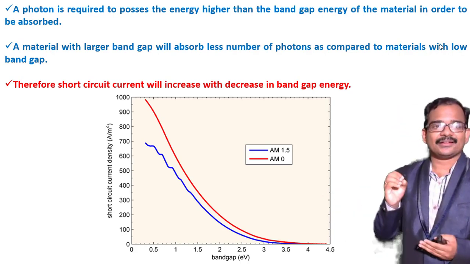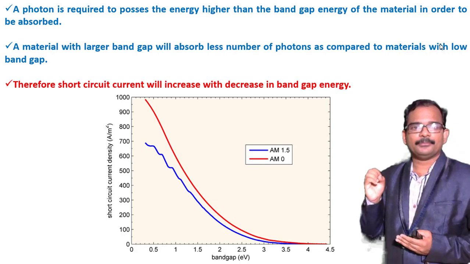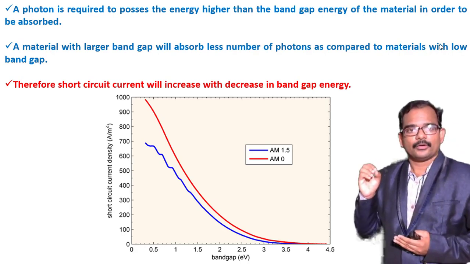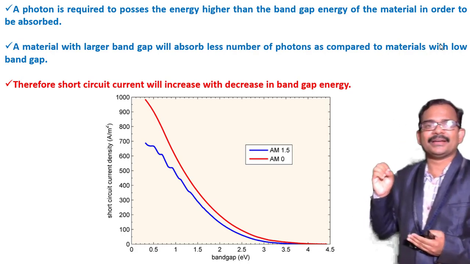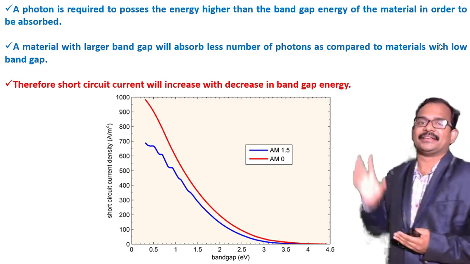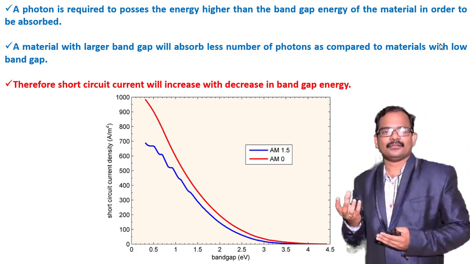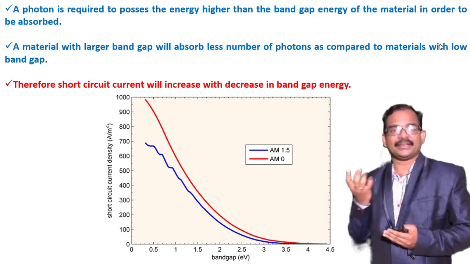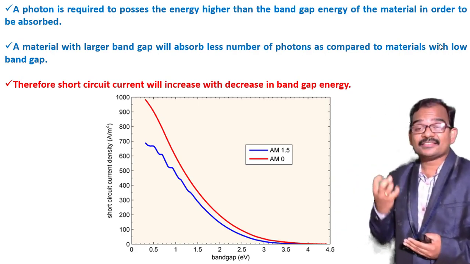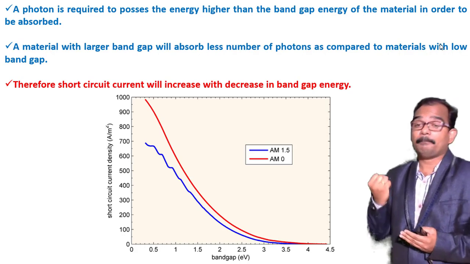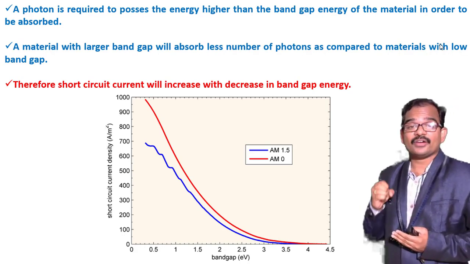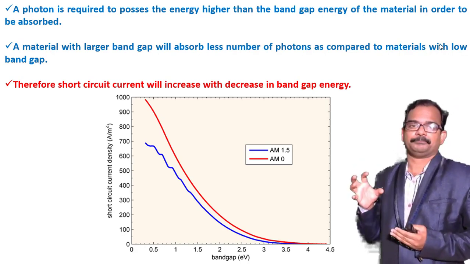So a material with a larger band gap will absorb fewer photons as compared to a material with a low band gap. It is also evident that a material with a high band gap will absorb fewer photons when compared to materials with a low band gap.